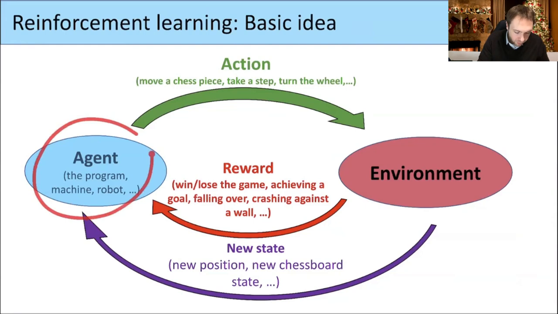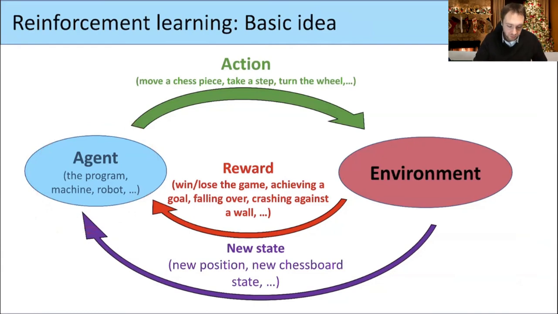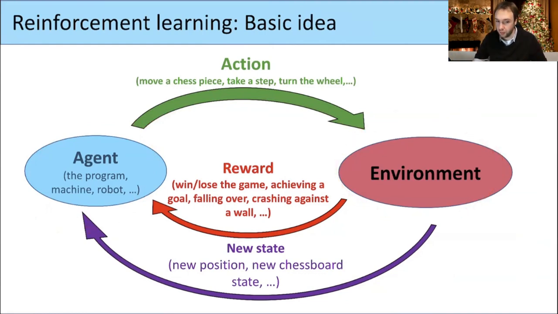So we have this program, or the machine or the robot, which we call the agent, and this agent can do some action, and then the environment will give back some reward and also a new state. In the chess example, the agent is maybe the chess program. An action is to move a chess piece.